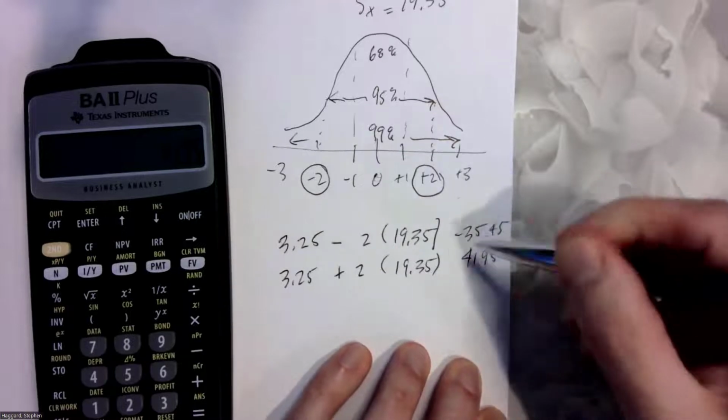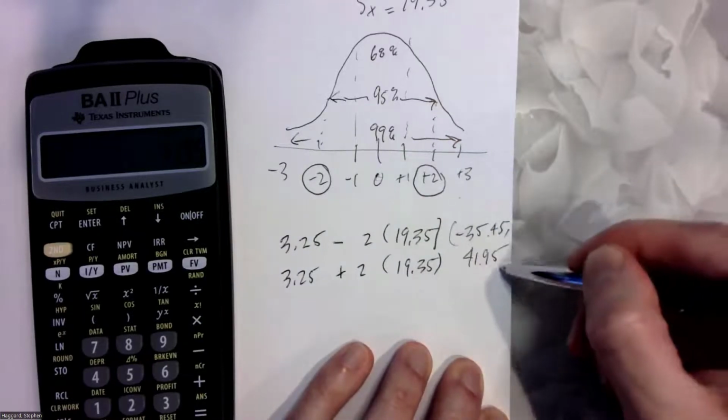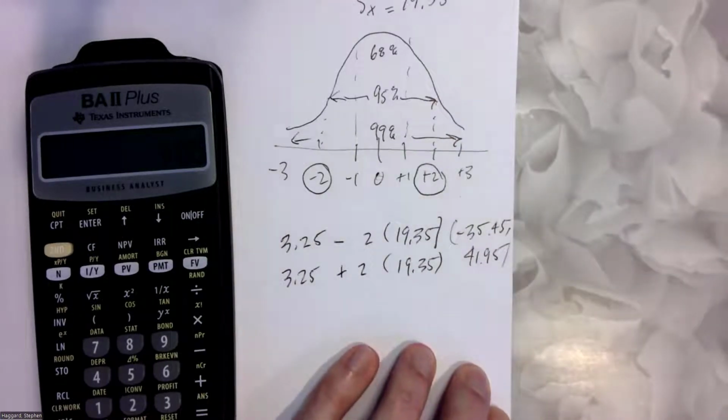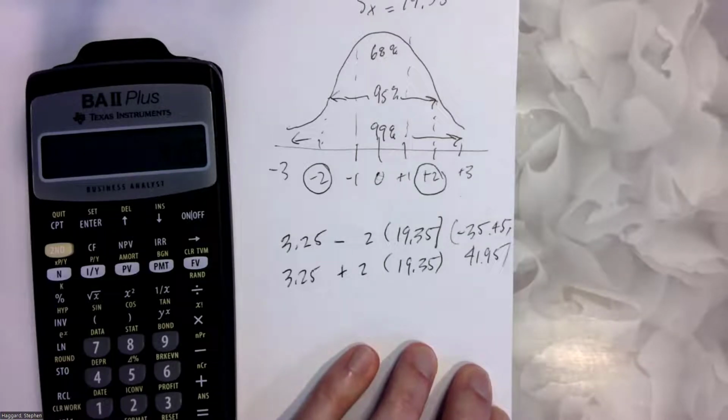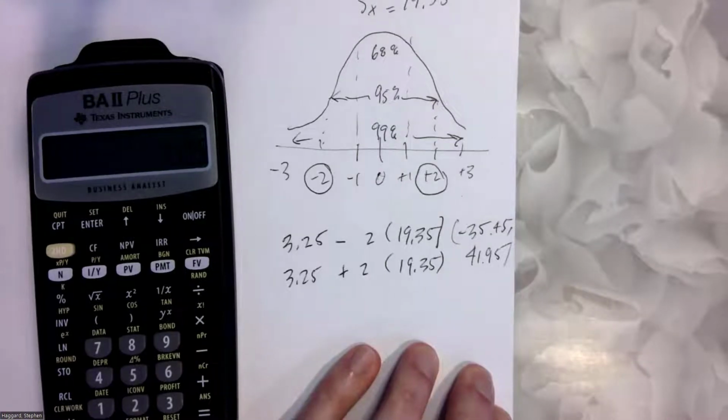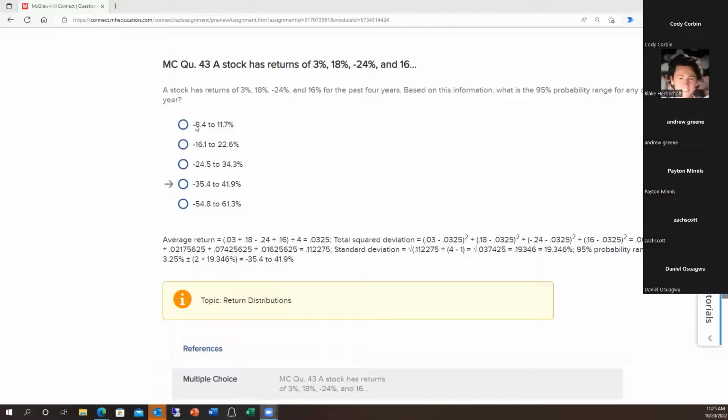And so my range should be from -35.45 up to 41.95. Let's take a look at the answers and see if we got close to anything. There we are, -35.4 to 41.9%. So we got very, very close, and there aren't any answers that are closer than that.